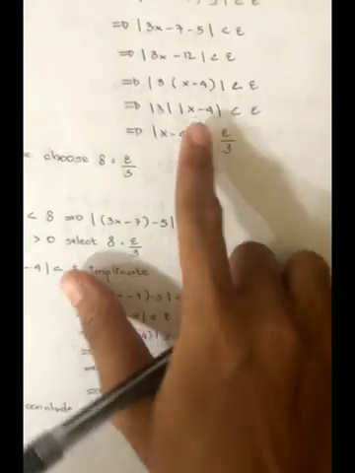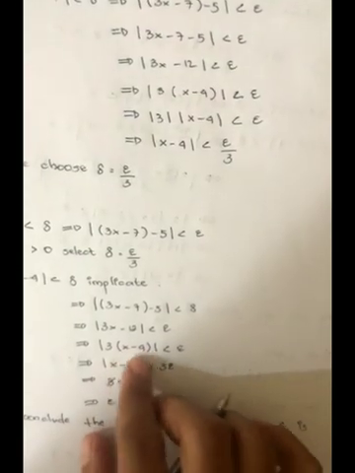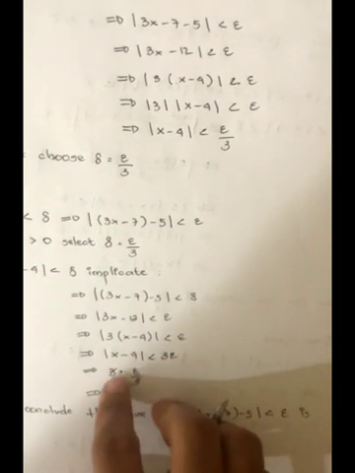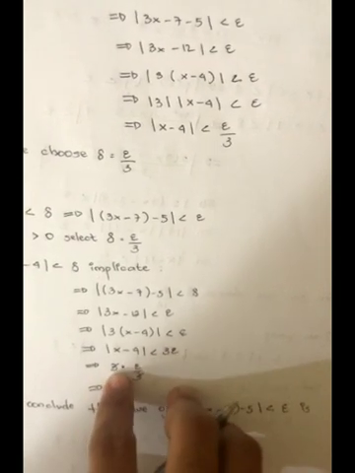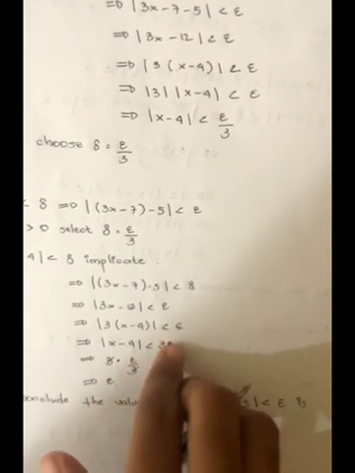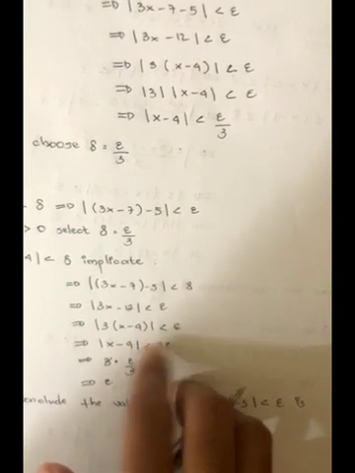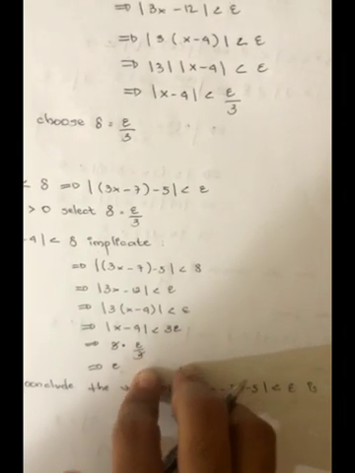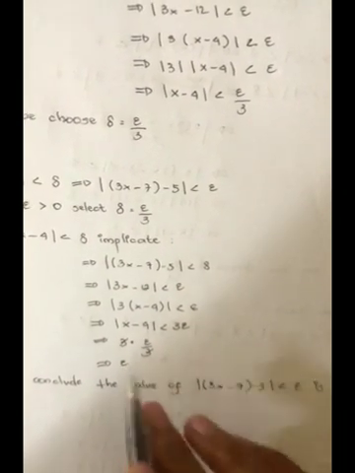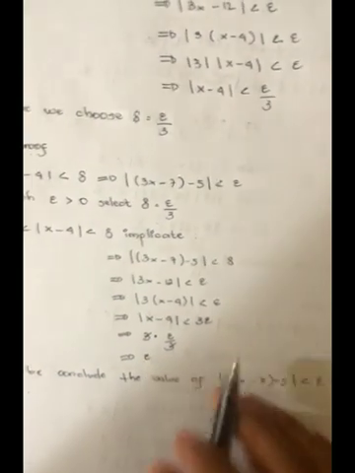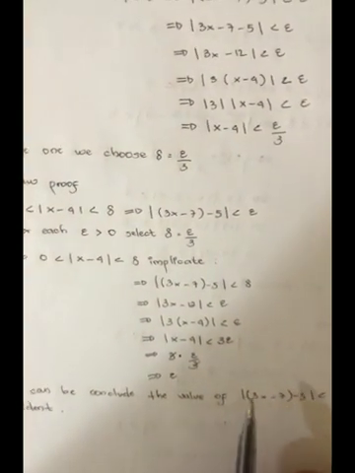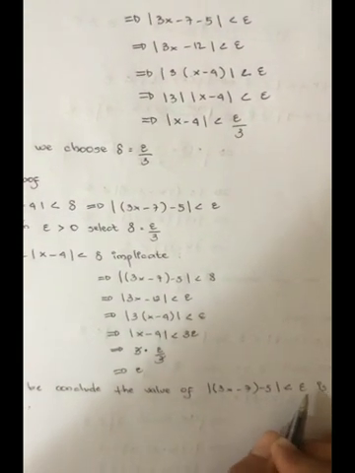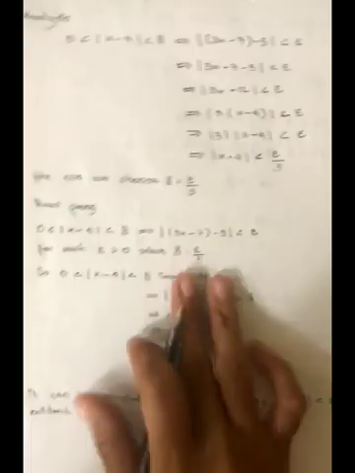Make it factorization like this. We already know the value of delta is epsilon over 3, so substituting, 3 times epsilon over 3 is epsilon. So we can conclude that |3x minus 7 minus 5| less than epsilon is true.